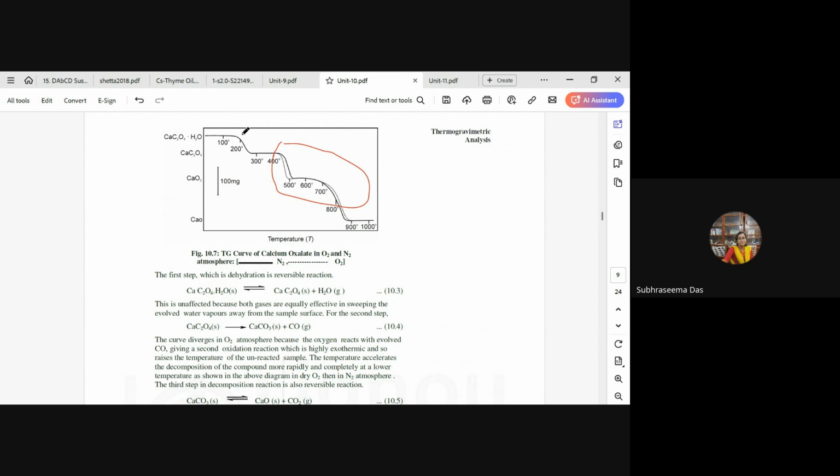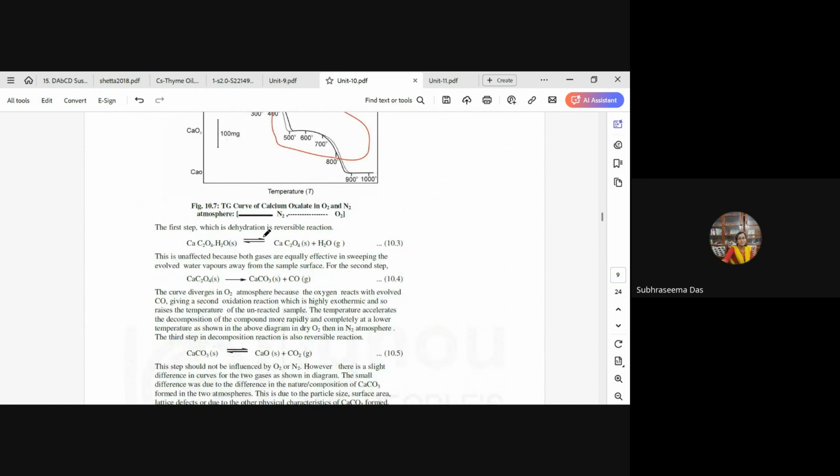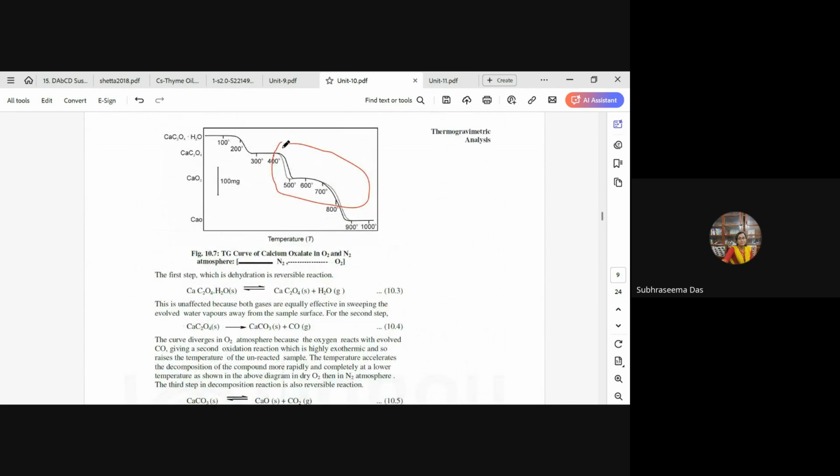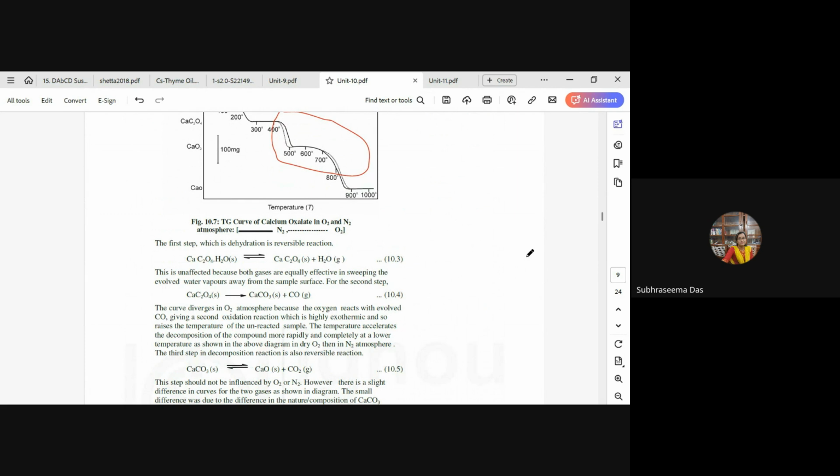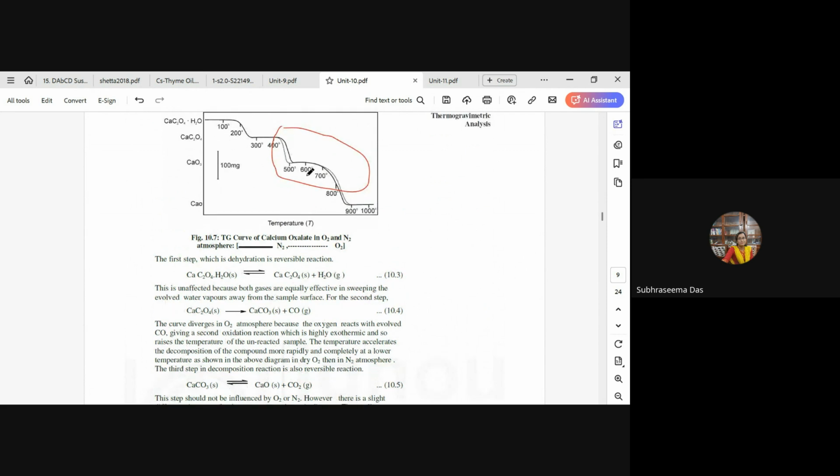This is unaffected in both atmospheres, because dehydration means removal of water, and water can be removed beyond 100 degrees centigrade in both cases. Then the curves diverge beyond 400 degrees centigrade for oxygen, where the decomposition temperature decreases. In the region of 500 to 600 degrees, the oxygen curve again merges with the nitrogen curve, followed by a slightly higher temperature beyond 700 degrees centigrade.